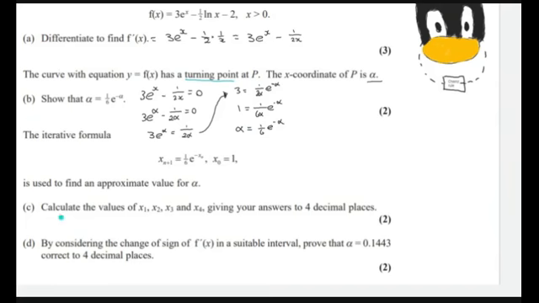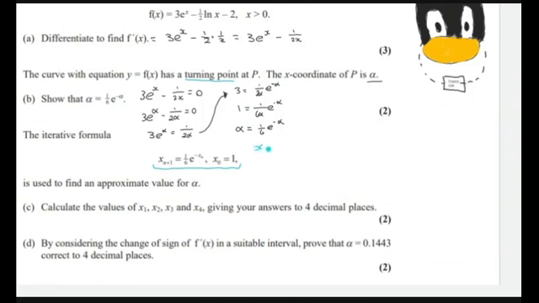Okay, so part C then. Calculate the values of x1, x2, x3, and x4, giving your answers to 4 decimal places. So that's using the iterative formula. This is something that you would have done at GCSE a while ago, admittedly. But we've been told to take x0 equals 1.